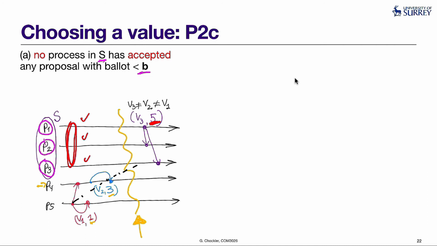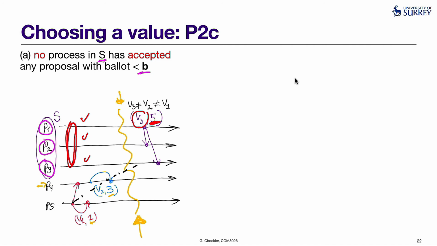Okay, so value V3 here might be different from both V1 and V2, and this is okay because no value has been chosen before this point. Okay, so this is the illustration of condition A.